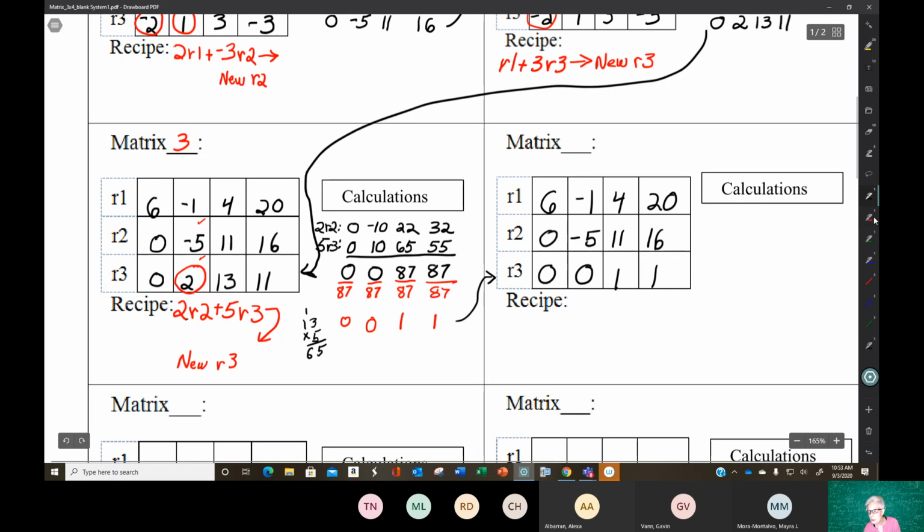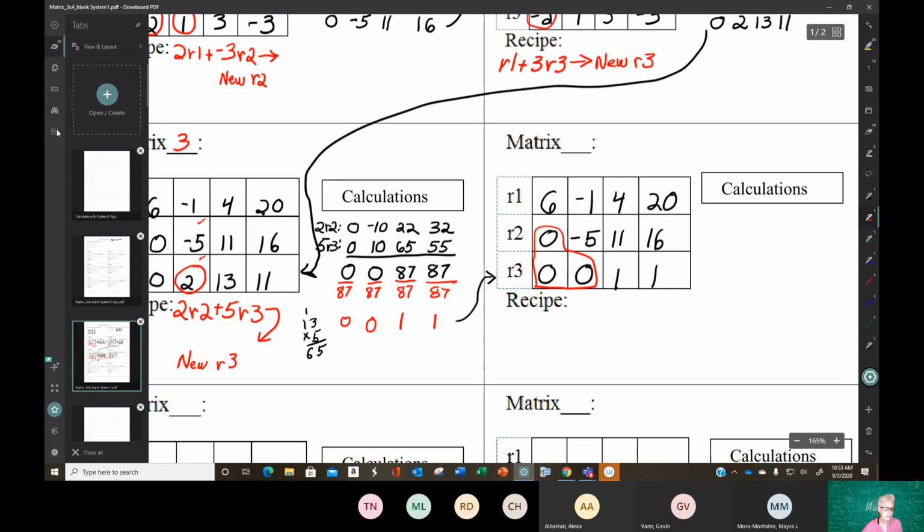Once I have this triangle of zeros down here, I'm done, almost. But I'm done with the row operations, because I know what happens.